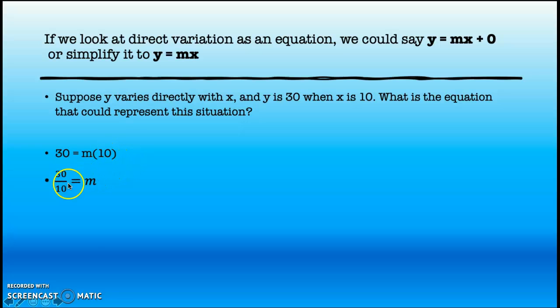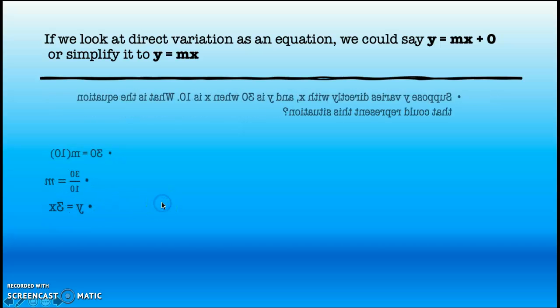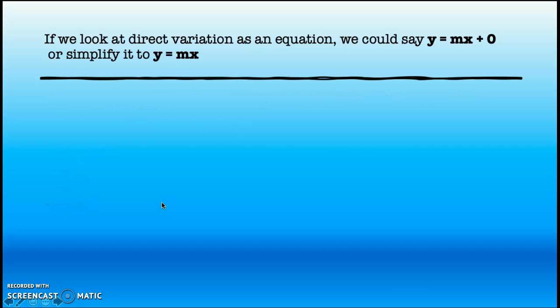And of course, 30 divided by 10 is 3, so m equals 3. So now that we know what m equals, we plug it back into the equation and get y equals 3x. Again, we solved for m, and then we plugged it into the equation. And now we just have x and y with our known slope value, or our rate of change. It would have been that easy to find the equation for that example.